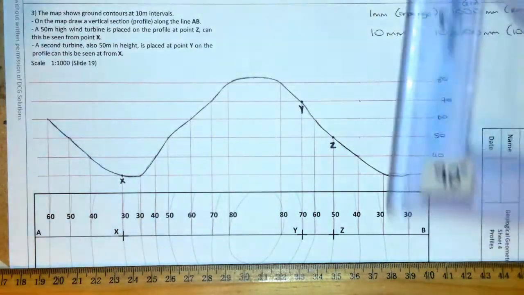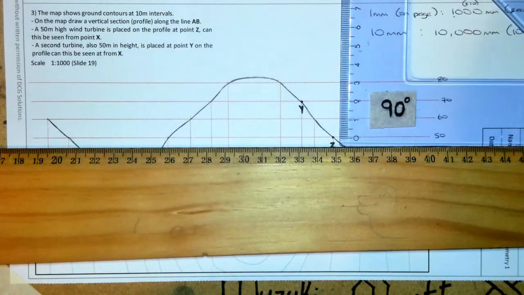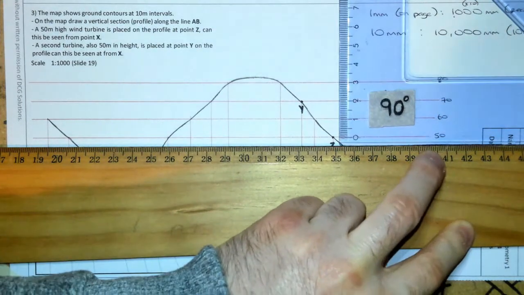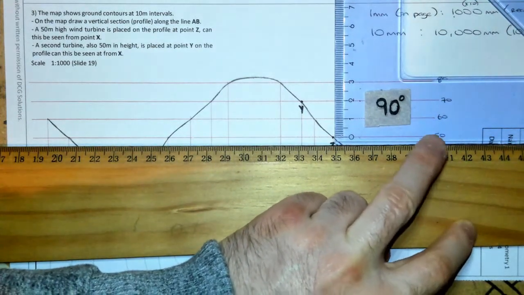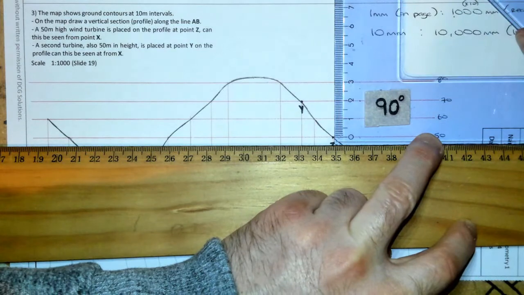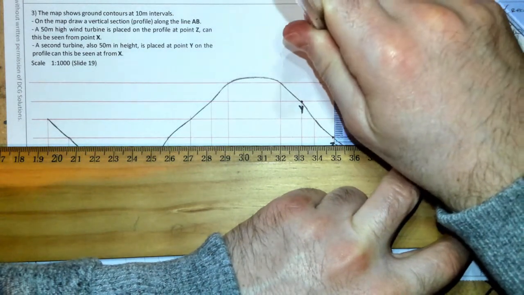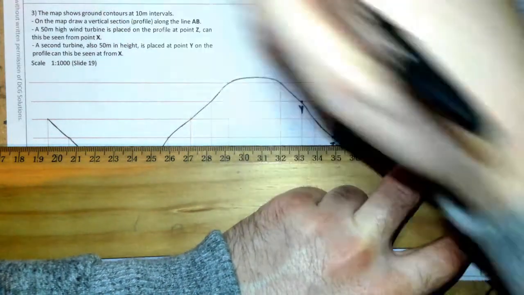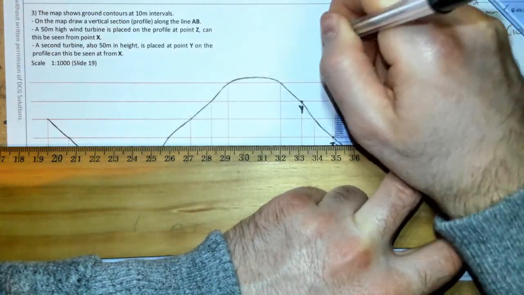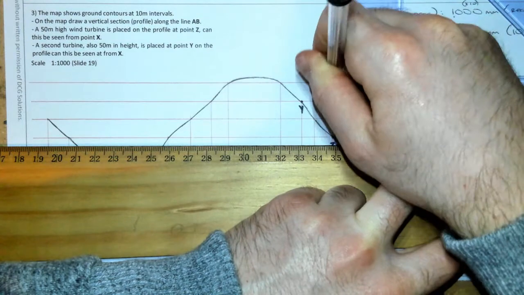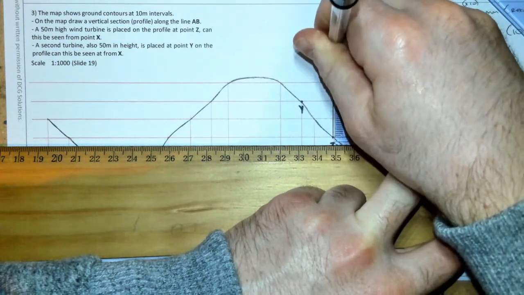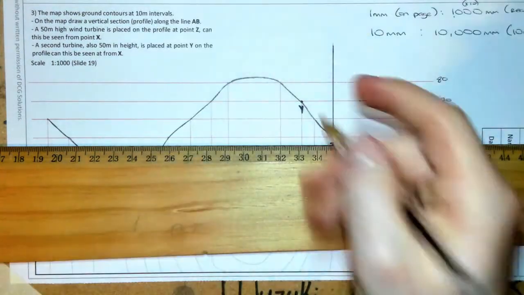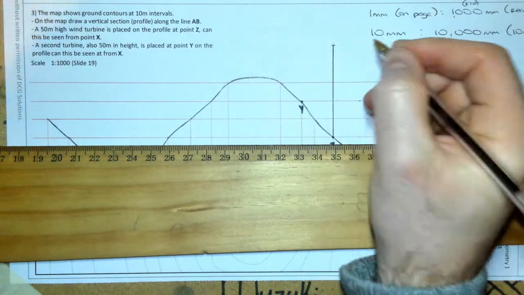So from Z, I'm going to measure up 50 millimeters because I know 1 millimeter is equal to 1 meter in our scale, which is up here. I'm drawing my turbine up to there. I'll heavy that in. So that distance from there up to right there is 50 millimeters.